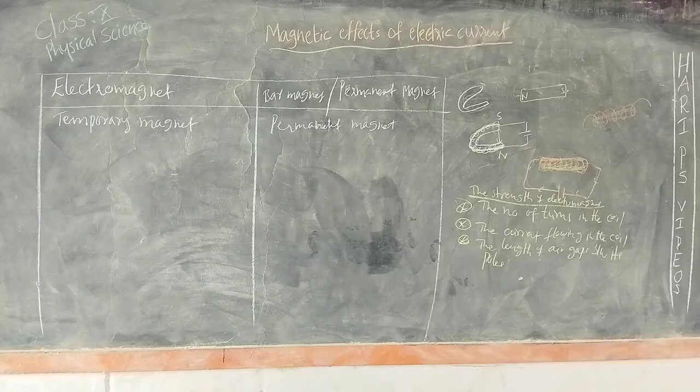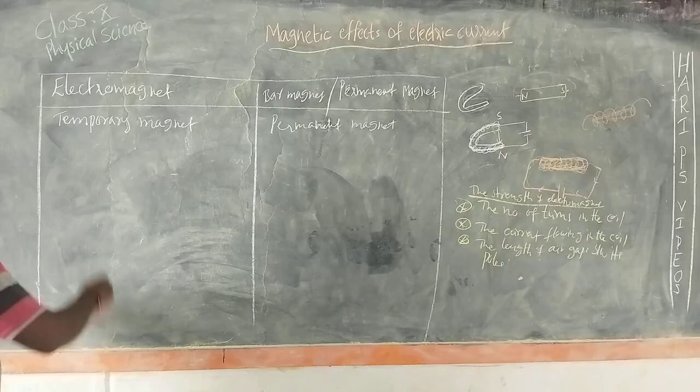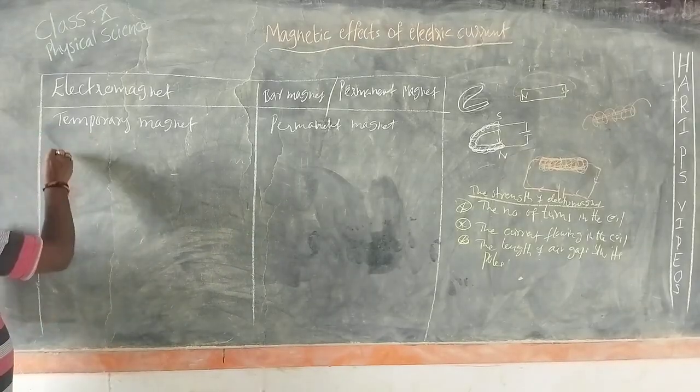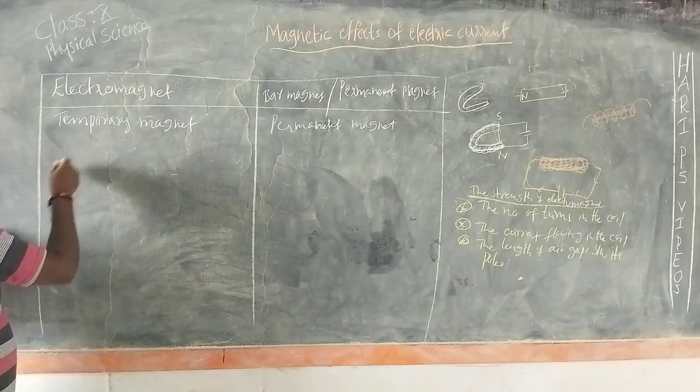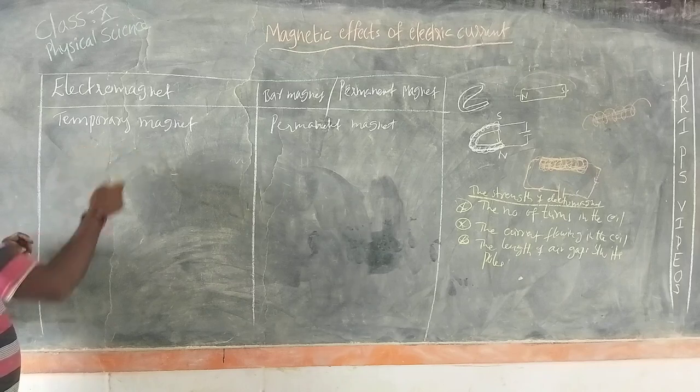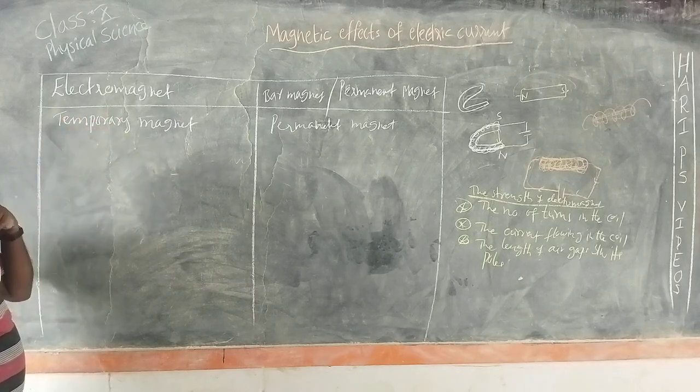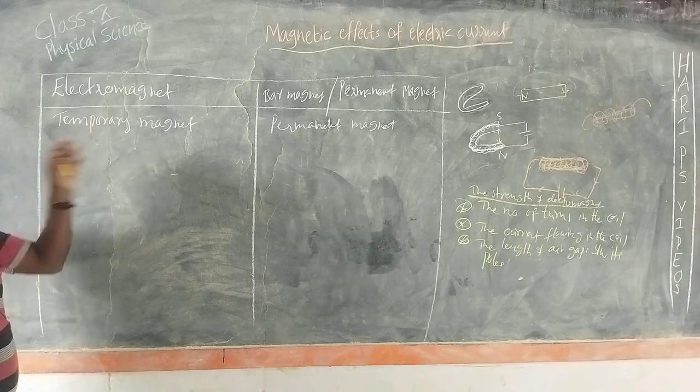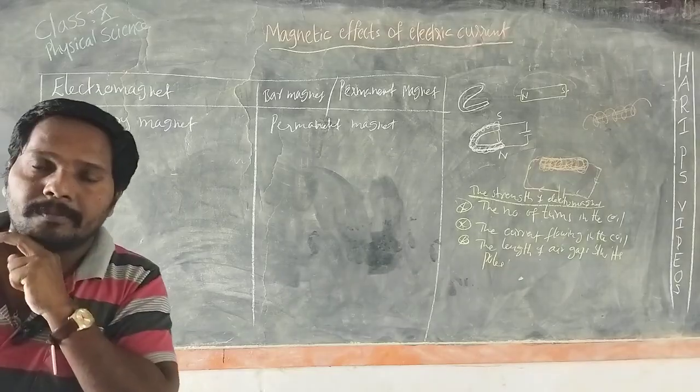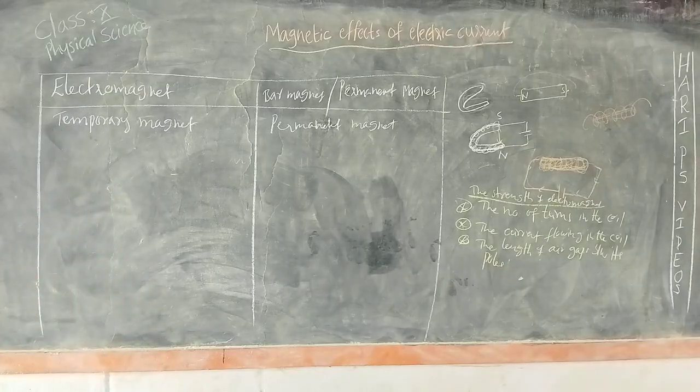So the magnetism of an electromagnet can be switched on or switched off as desired. Why is it a temporary magnet? We can make an electromagnet, or temporary magnet, by passing electric current.